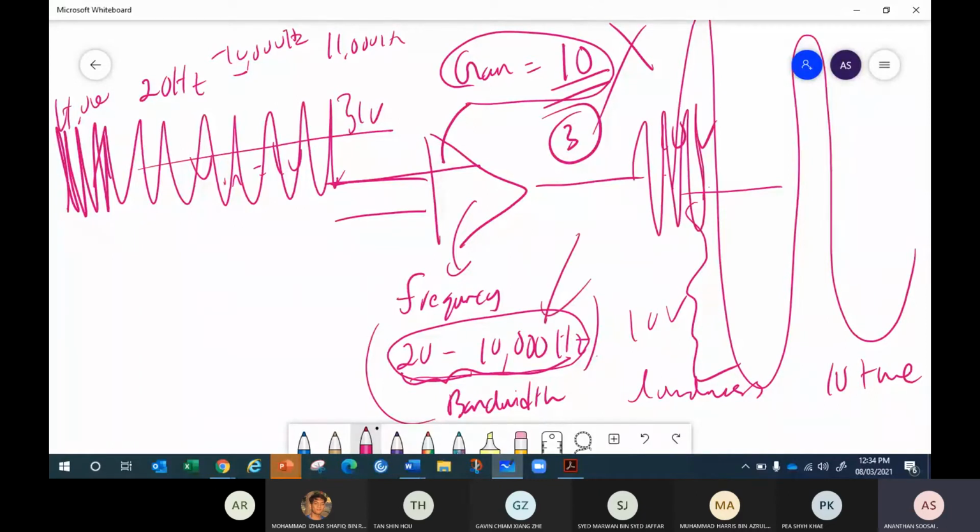This is called bandwidth. Okay, what is bandwidth? Bandwidth is a range of frequency where the operational amplifier operates at its optimum level. Optimum level means if you say gain 10, it gives gain 10. That's bandwidth.